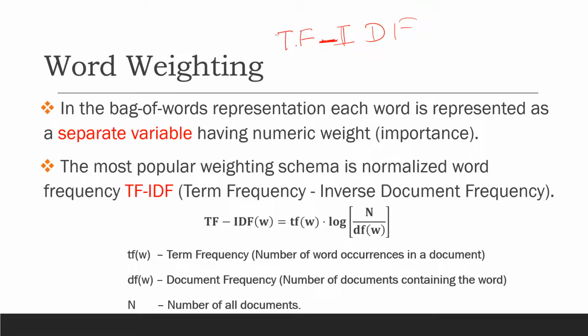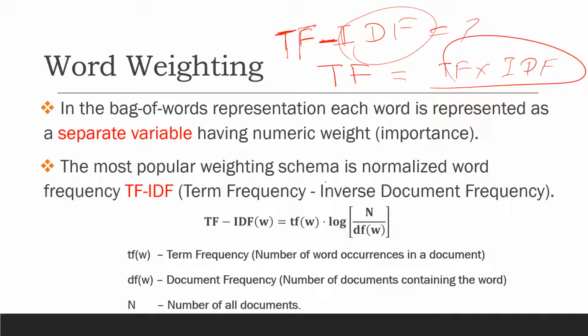The important thing is that you need to be familiar with how to calculate the TF-IDF. To calculate the TF-IDF, you need to do two things. First, you need to calculate the term frequency. Second, you need to calculate the IDF. Then you multiply TF and IDF. That is called TF-IDF.